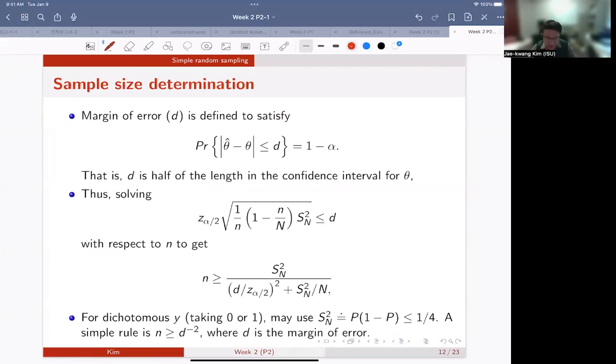And the definition of margin of error is half of the confidence interval length.